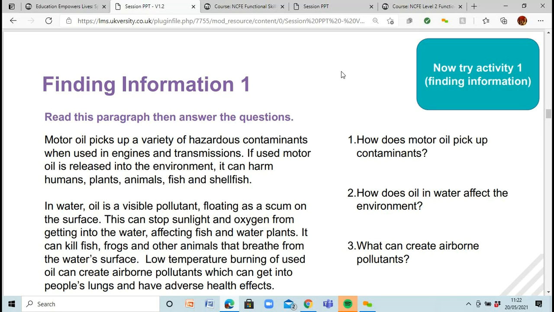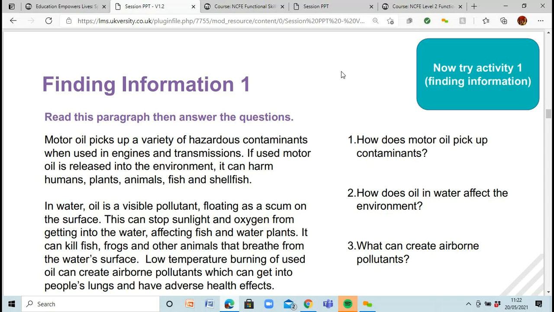Now, the paragraph is: Motor oil picks up a variety of hazardous contaminants when used in engines and transmissions. If used motor oil is released into the environment, it can harm humans, plants, animals, fish, and shellfish. In water, oil is a visible pollutant, floating as a scum on the surface.